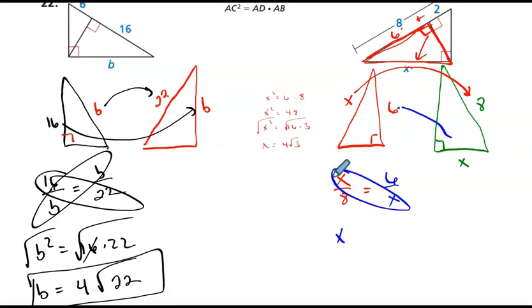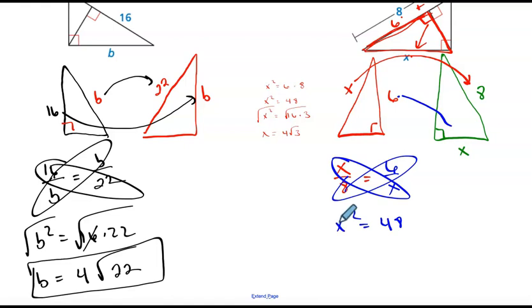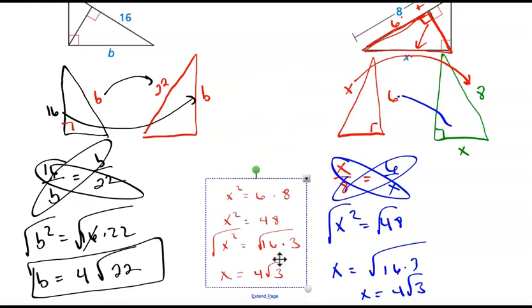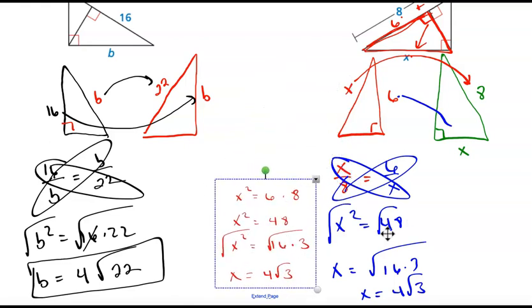And cross multiply, x squared equals 48, and we're right back to this piece here. Square root, x equals square root of 16 times 3, x equals 4 radical 3, which is right back to doing it with the other method. But again, any method you choose would be great.